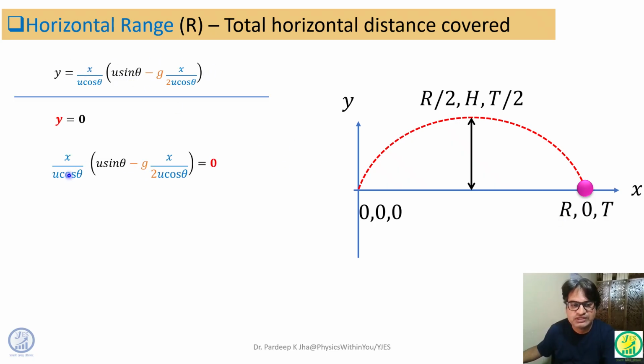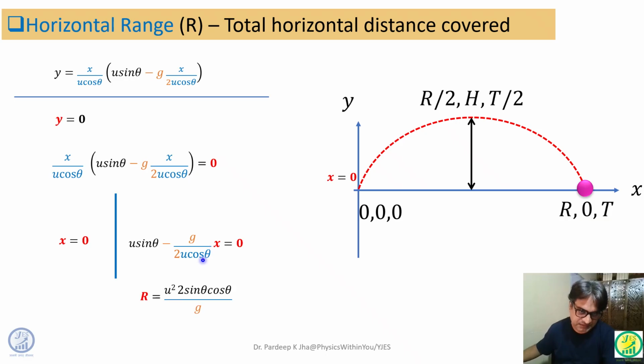Now this equation, if you see, has two factors. One of the factors is x equal to 0. If x is equal to 0, this will become 0, which means the starting condition. That's not a problem right now. Another situation is when the other part is 0. Now when this is 0, you have the range.